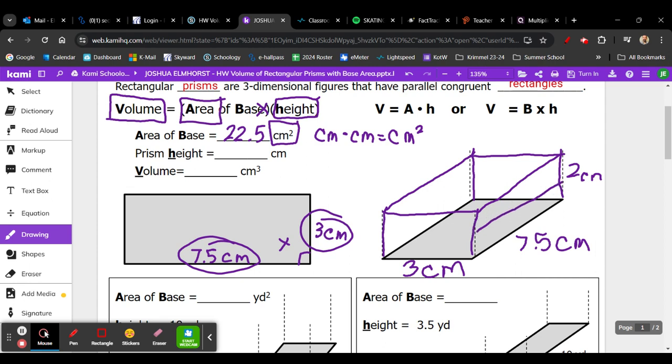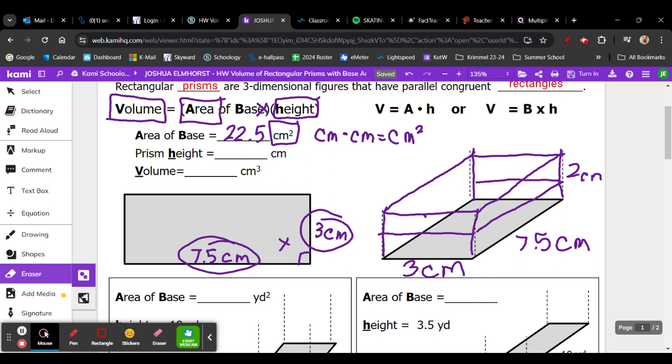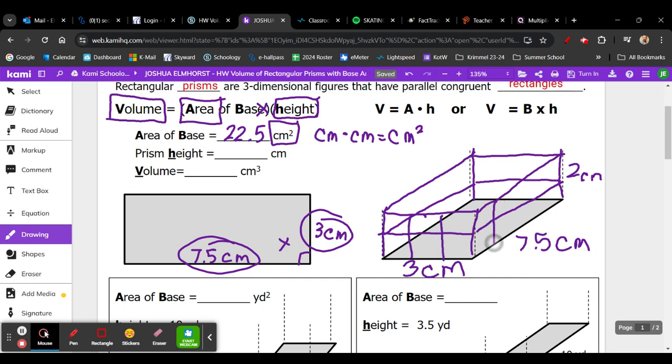So 1 centimeter, and then 2 centimeters. We're not going to get into the details of all of this, but if it was 3 centimeters wide, and then something like 7, it would look something like this going all the way back. And then you'd have all of these blocks filling the volume up 2 levels.